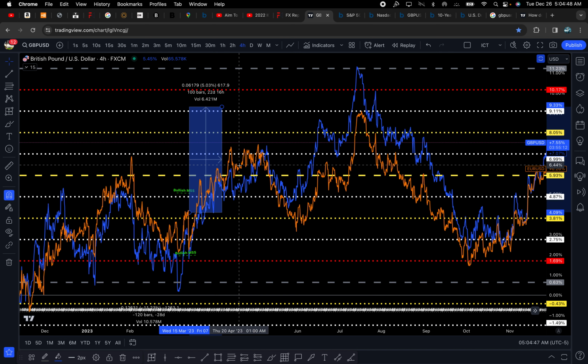You can go on here and look at how these things diverge. Now you had this higher high here and this higher high here, but look at the difference in the highs from this one to this one. So that's a little bit of divergence there, right? And then look what happens.